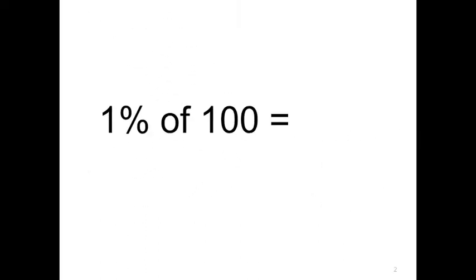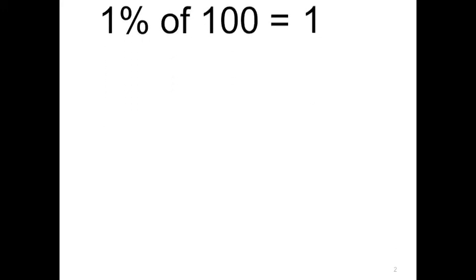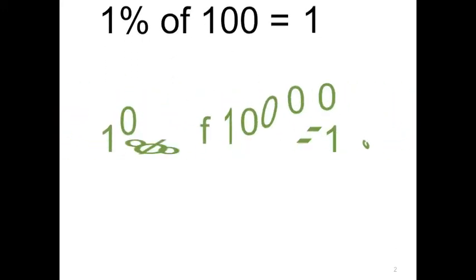Now there's a few tricks for computing mentally. If you know what 1% of 100 is, it helps out quite a bit. In order to find out 1% of any number, you just need to move the decimal point over 2 place values to the left. The other trick is for 10%.